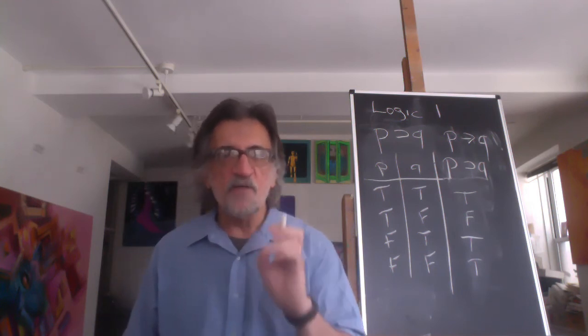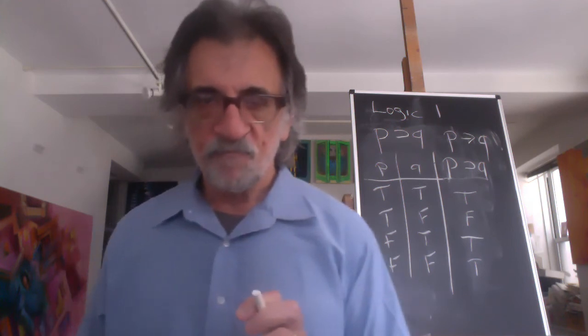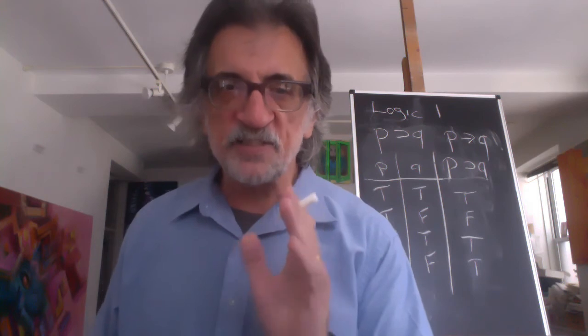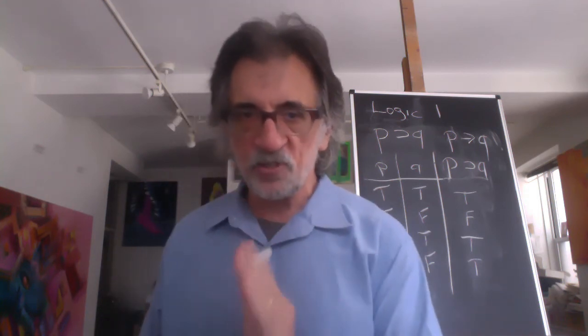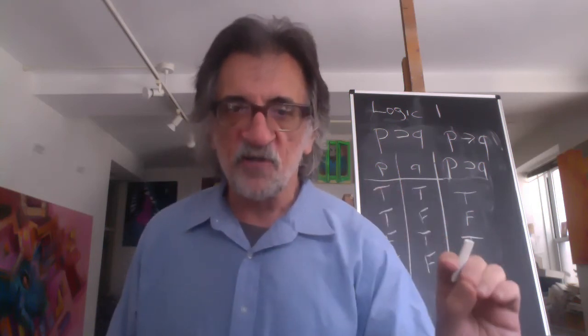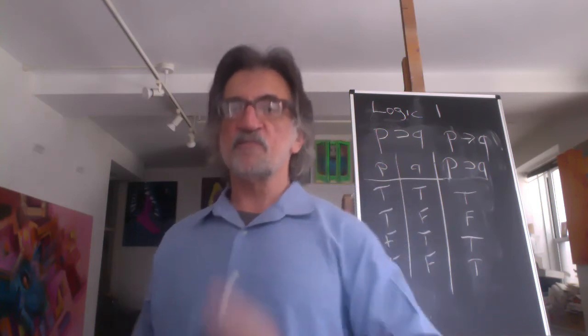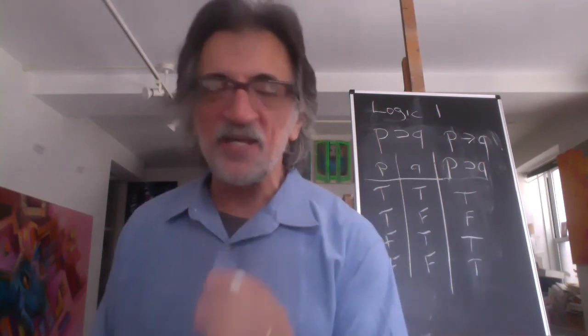We have one main task for the material conditional to perform. There's one thing it has to tell you, and that is that you do not want the situation in which a true antecedent is followed by a false consequent. That's what you do not want from a material conditional. A material conditional offers you the promise that you will not have that combination, right?